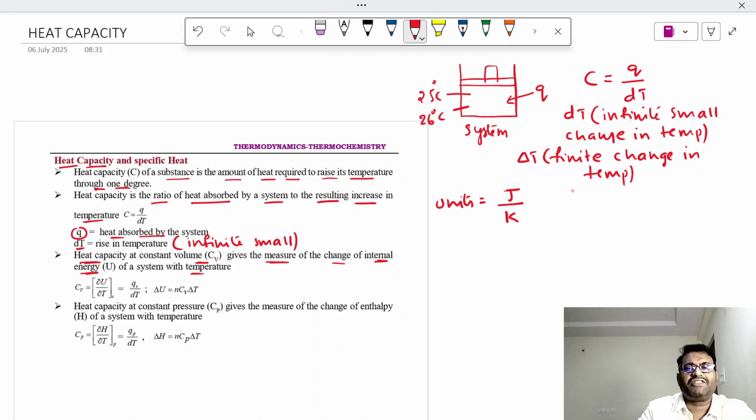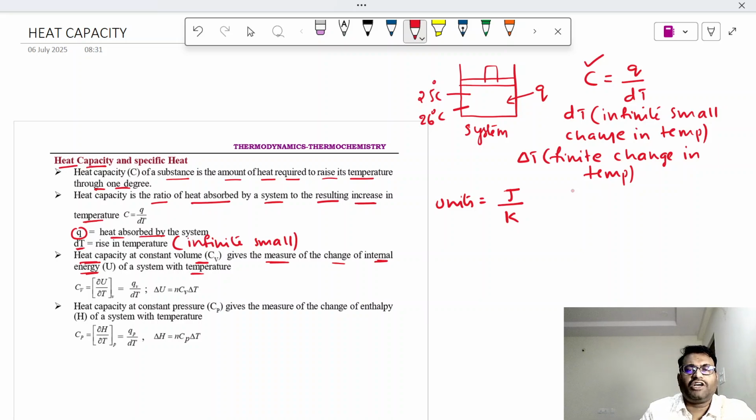So heat capacity is the amount of heat energy required to raise the temperature of this whole substance or whole system. So whether the whole system contains 1 mole, 2 mole, half mole, 25 mole, it doesn't matter. So heat capacity is calculated for the whole system taken, whole substance taken.